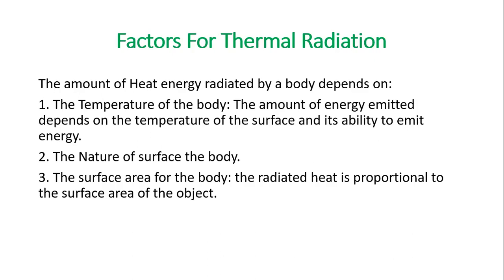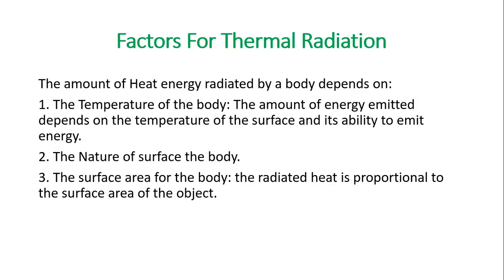The second one is the nature of the surface of the body. So here we're talking about how the surface of the body is, for example, whether it can absorb, transmit, or reflect radiant energy.